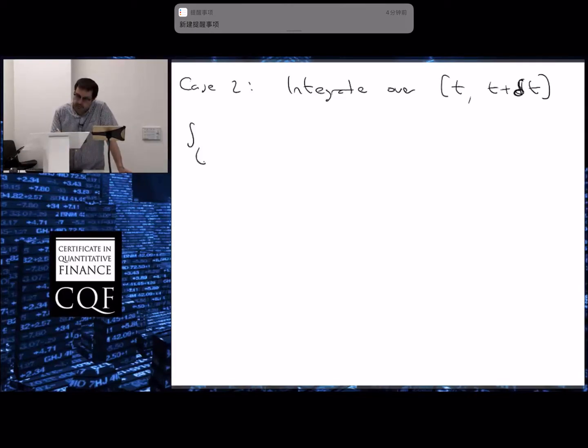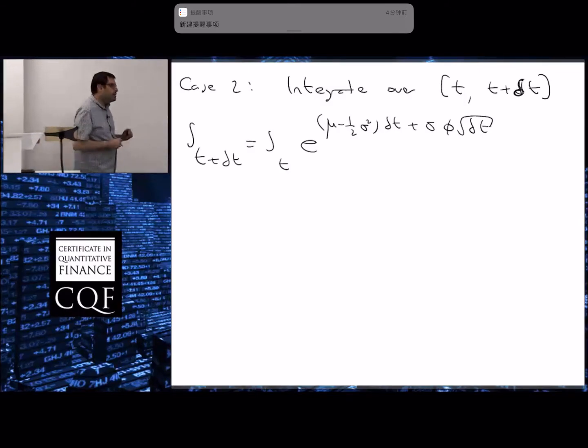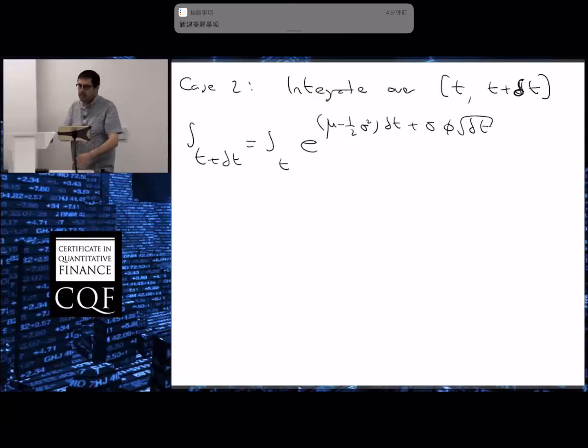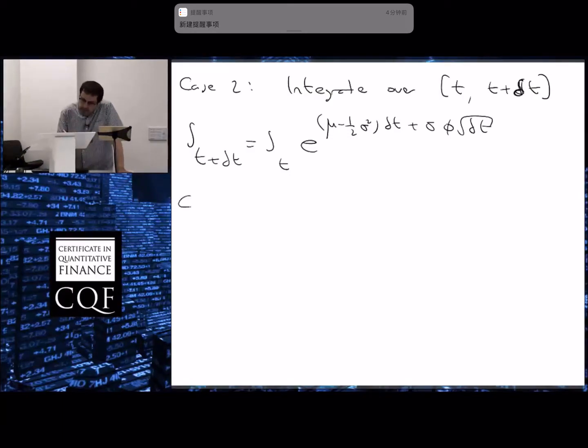The solution then becomes the following. So again, note how the drift scales with the time step, whereas the volatility scales with the square root of the time step. Case 3, another example.